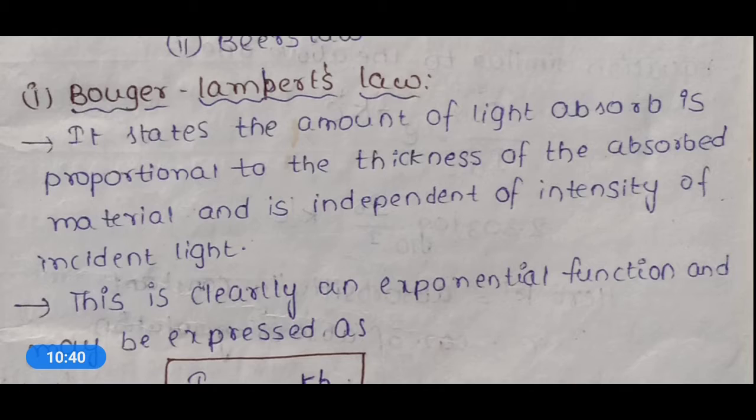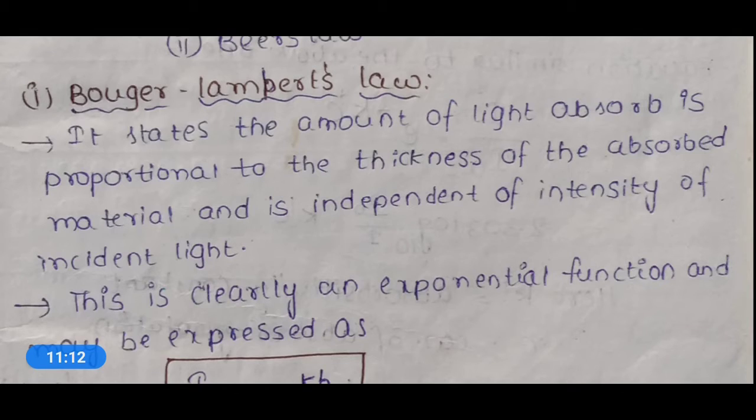So according to Borger-Lambert's law, the amount of light which is being absorbed by the absorbing material is dependent on the thickness of the absorbing material, and not on the intensity of the incident light.